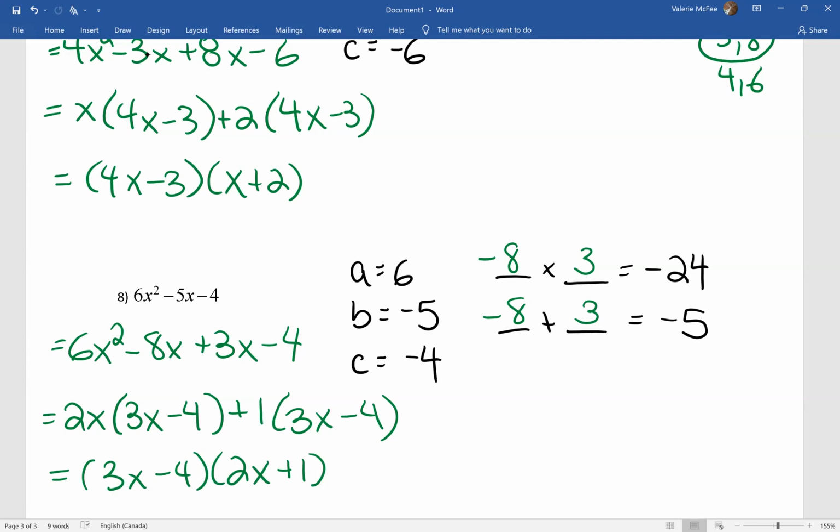If you have any difficulty with this at all, or if you're very slow, I would strongly recommend that you do 5 or 6 factoring questions aside from your regular work every day until you get the hang of it. Let's go back to your notes here.